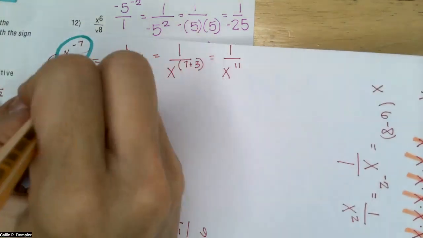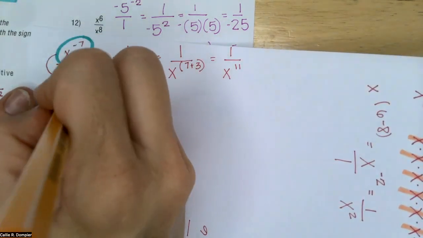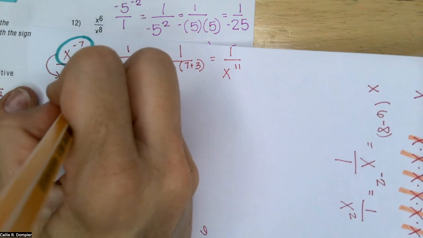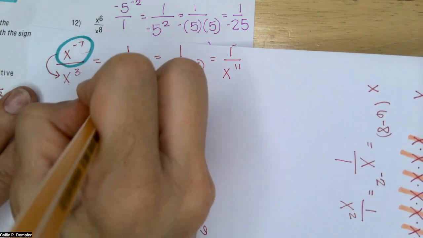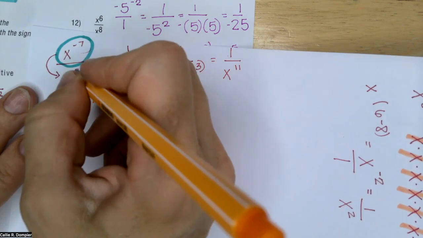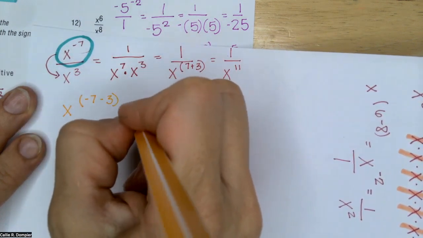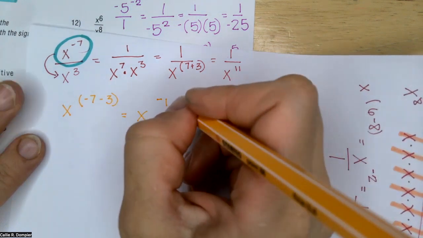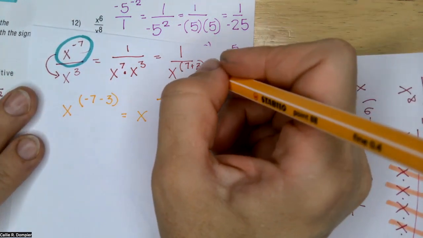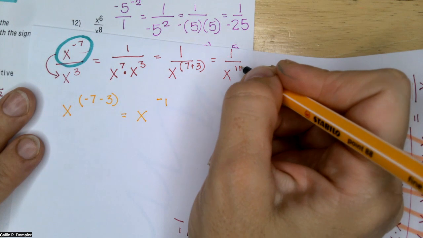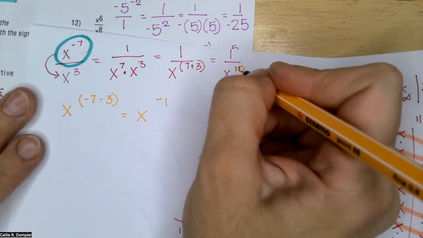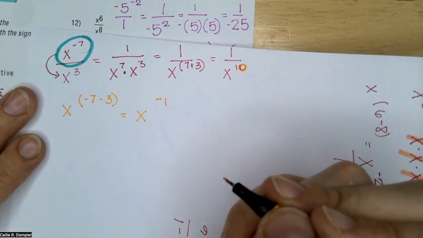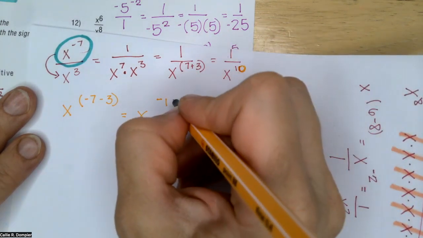Or, so I said you have to move this. You don't have to move it. You can say it's x to the power of negative 7 minus 3, right? Because we take our numerator and we subtract our denominator. Negative 7 minus 3 is a negative. Oh, guys, I added 7 and 3 wrong. 10.